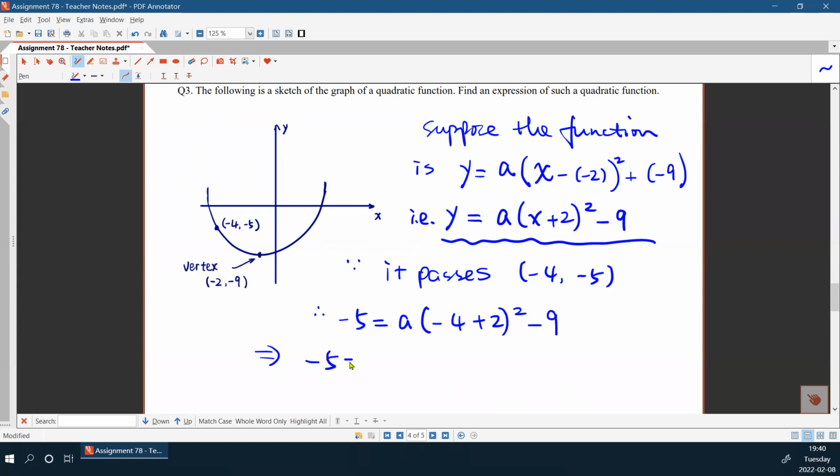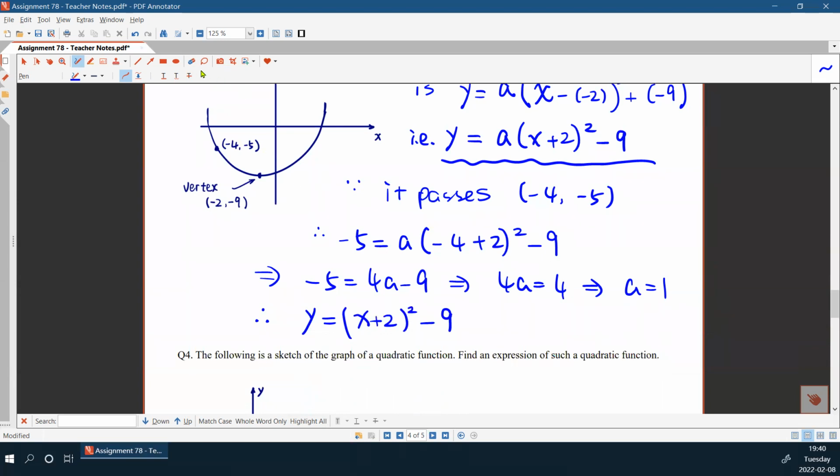Therefore, it means -5 equals 4a minus 9. That means 4a equals 4, which means a equals 1, right? Therefore, the expression of such a function is y equals (x plus 2) squared minus 9, right? Or you can also simplify it. If you simplify it, it will equal x squared plus 4x minus 5, right? This is the final solution.